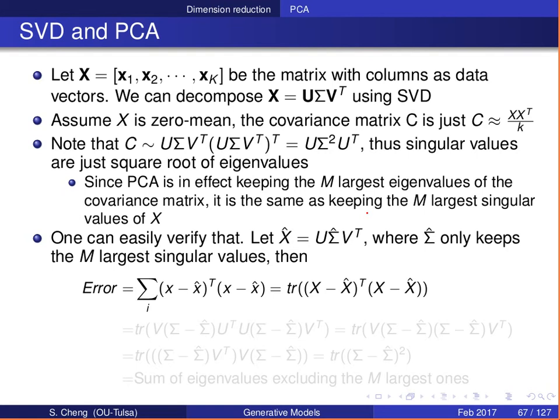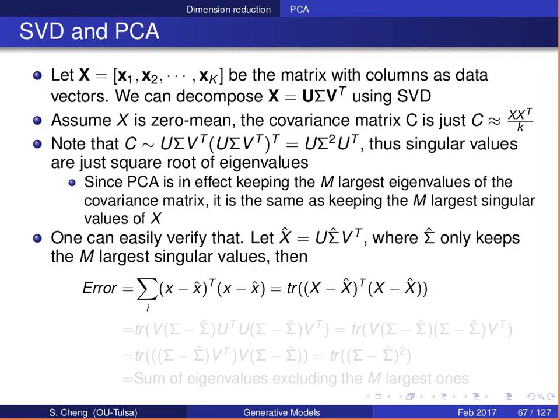Then the error, the square difference of X hat from X, I can just write this way, right? And then I can replace it with a trace of a matrix, which is basically just the sum of the diagonal values.